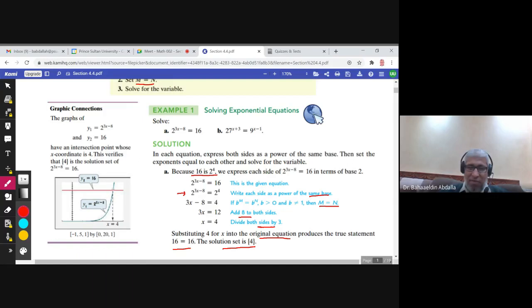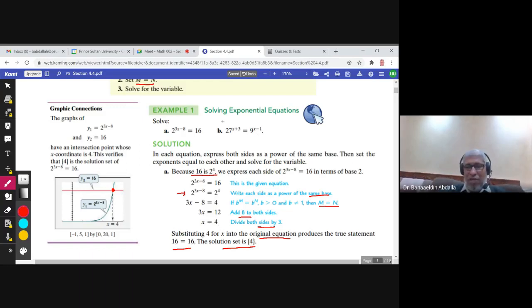And this curve is the graph of 2 to the power 3x minus 8. We need them to be equal. It means you are searching for the intersection point between the two curves. If you go down, you will find that x is 4. So the answer would be x equals 4.